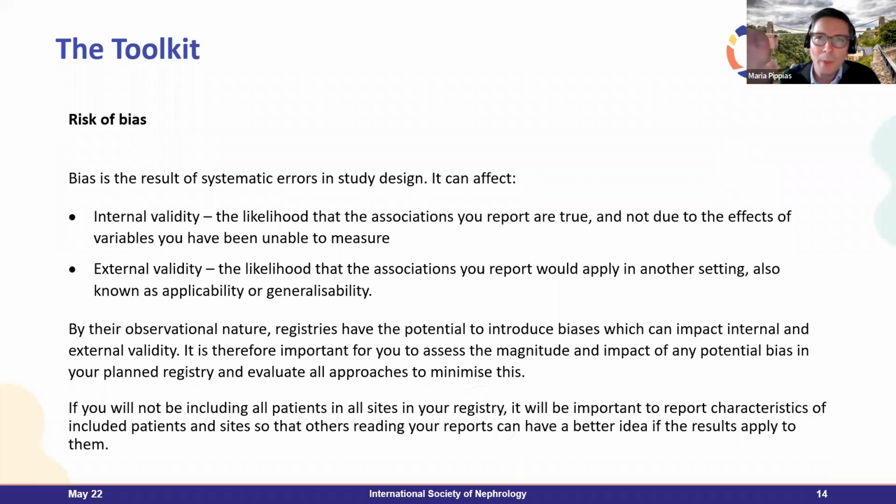So you want to make sure that the way you design your data capture provides a sample that is representative of all kidney patients in your region or in your country. Internal validity is about the quality of the data. If you're looking at describing an association, have you measured the confounders?